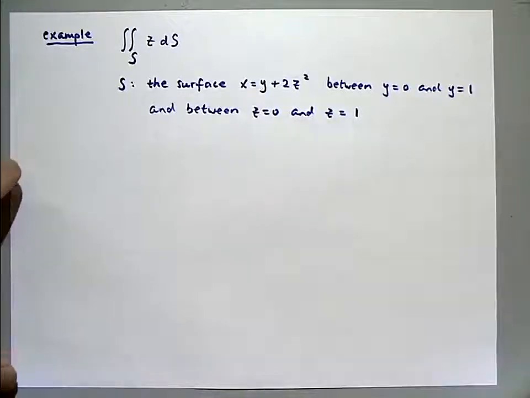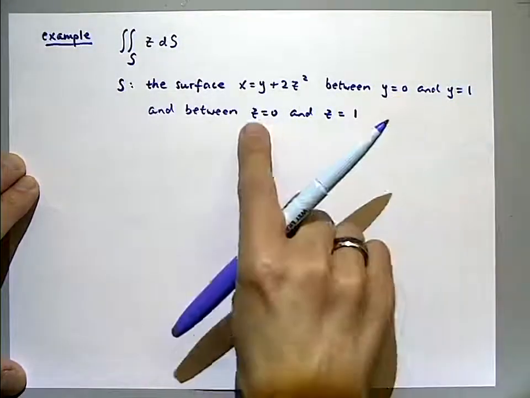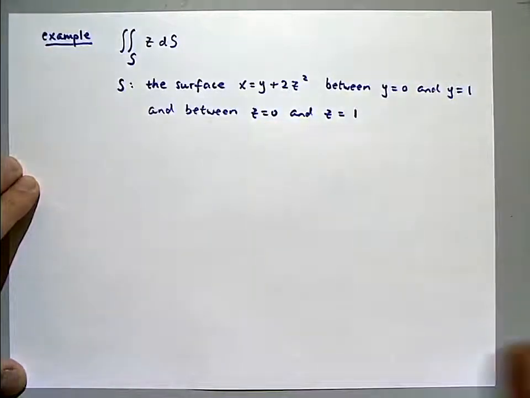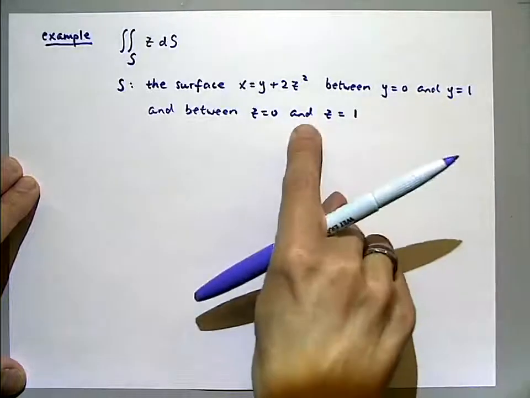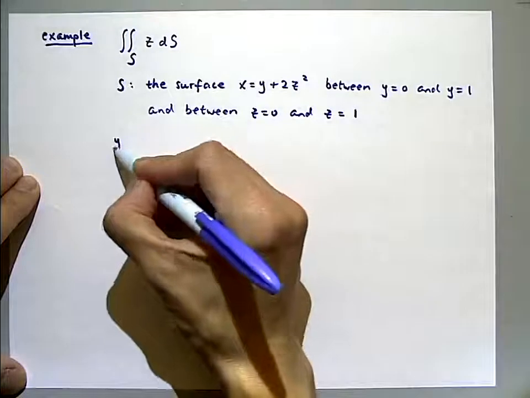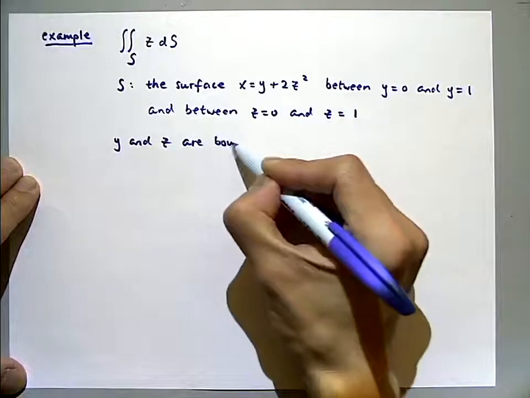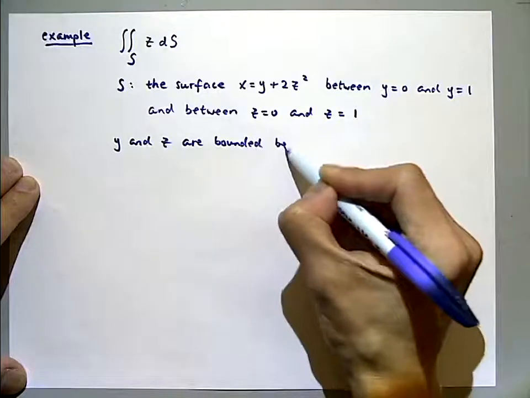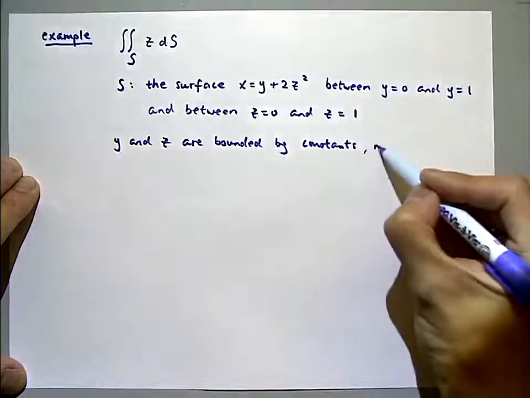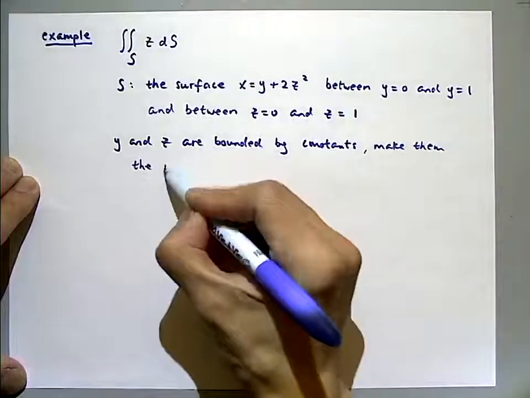Notice that y is bounded between 0 and 1, z is between 0 and 1. So a natural choice for the two parameters are y and z, because they're bounded by constants. So let's make them the parameters.